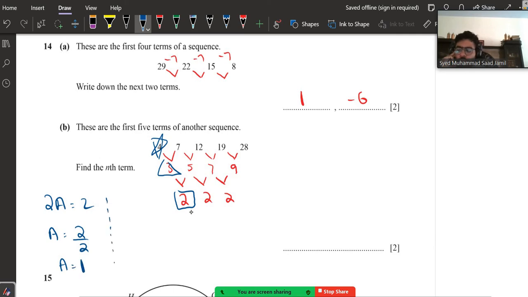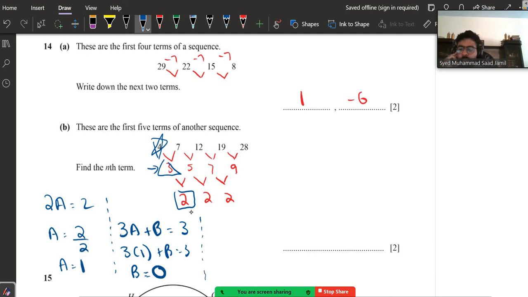Now we will move on to this number, the star, the triangle. So that is 3a. Consider this number as b. 3a plus b is equals to 3. Alright. So if I place 1, because this is the first term, plus b is equals to 3. b is equals to 3 minus 3, b is 0.